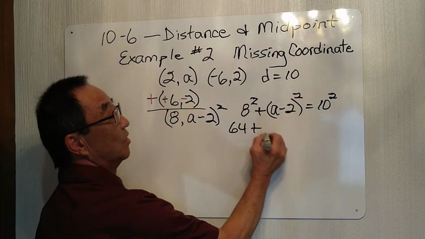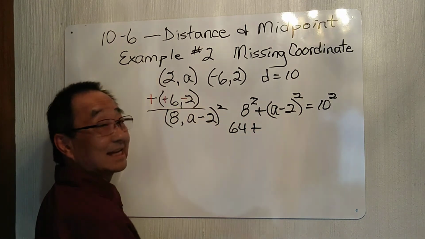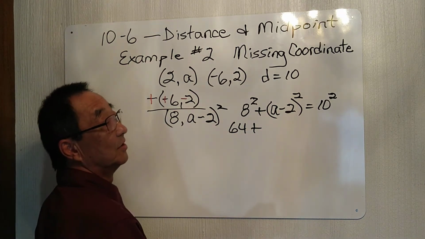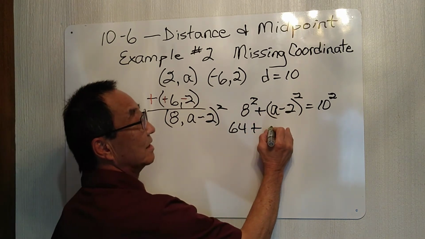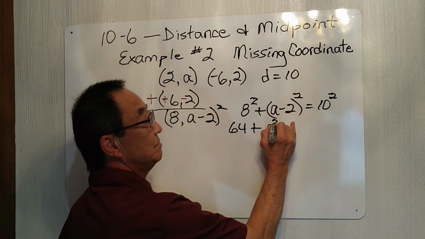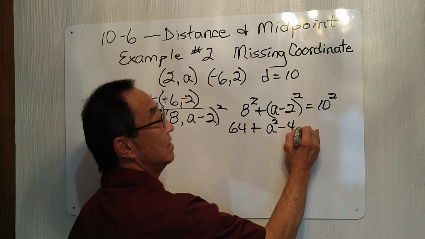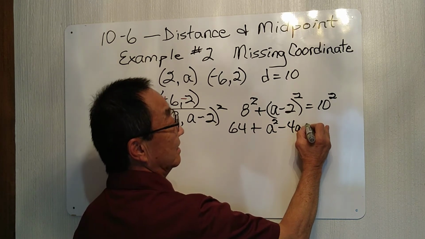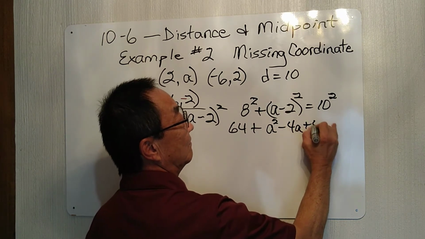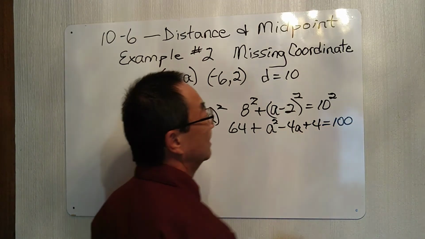So it's 64 plus, and then you either FOIL this out, stack it and multiply it just like you do normal numbers, or the memorization part: square the first term, take 2 times the product, so 2 times 2 is 4, and then square the last term, which is 4, and that's equal to 100.